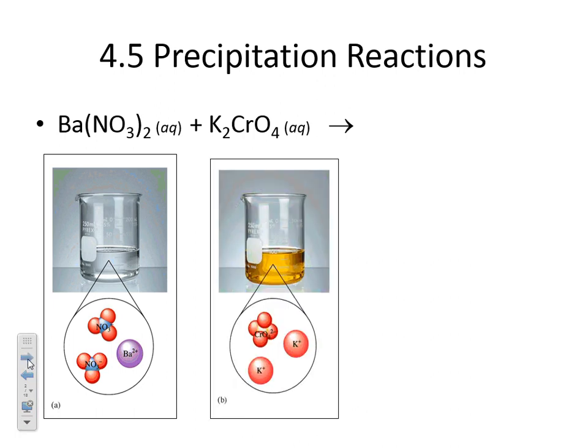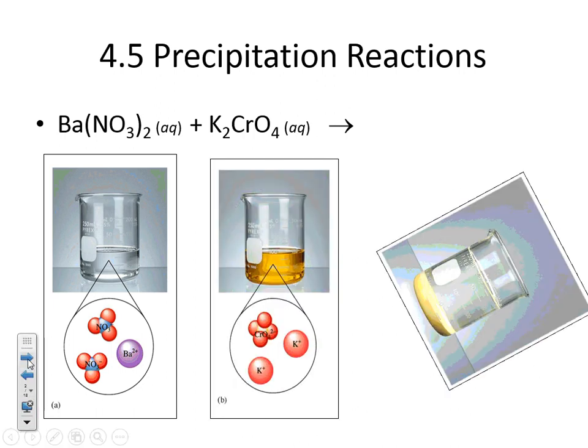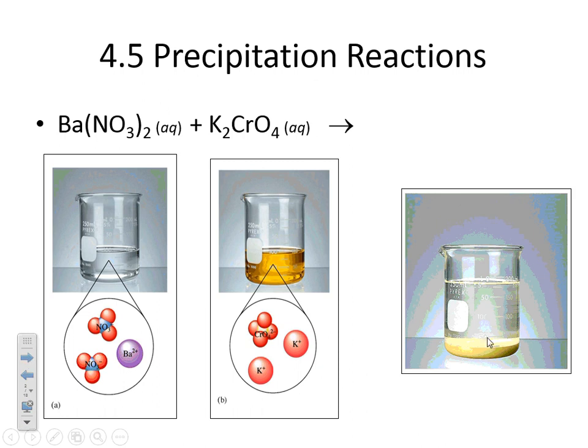When they go together, they form the precipitate barium chromate, which has this yellow color. The potassium and the nitrate are still in solution: the nitrate ions in solution and your potassium ions in solution.